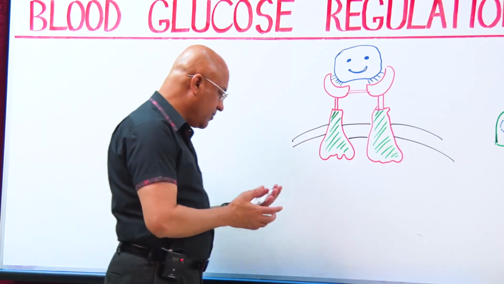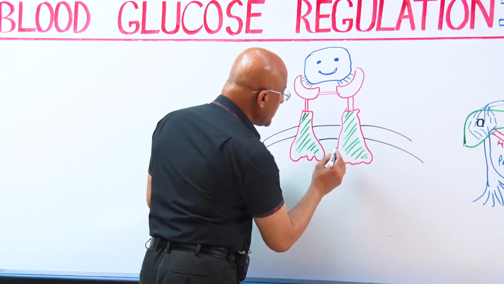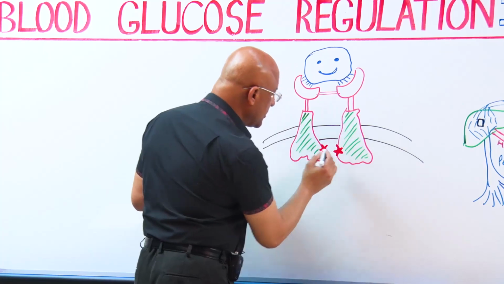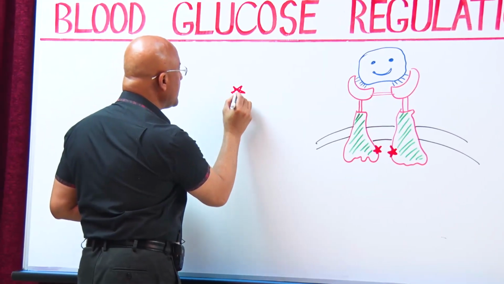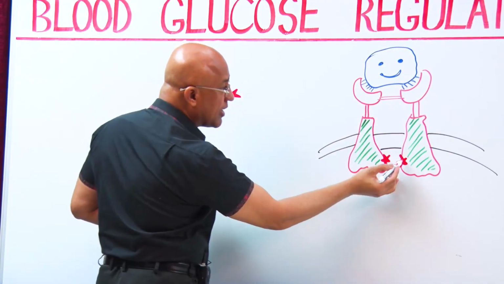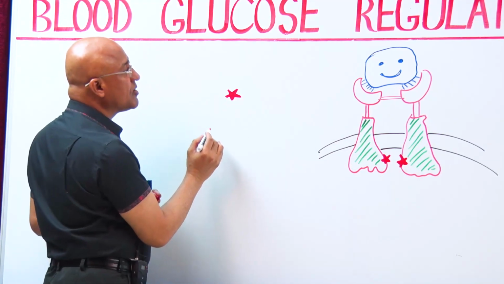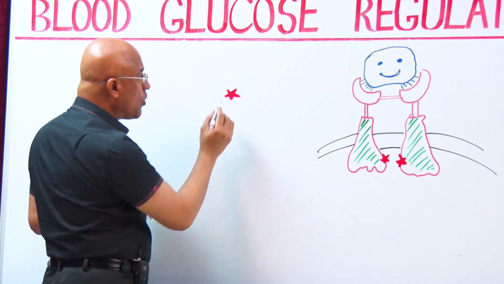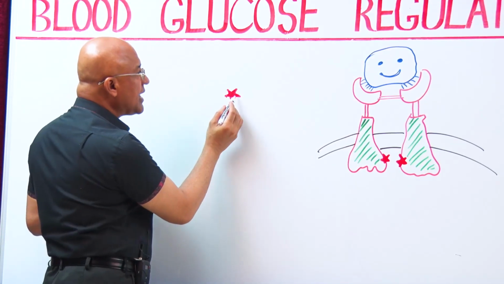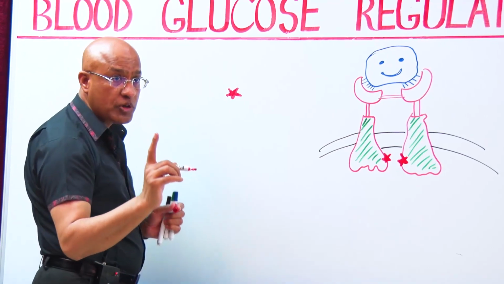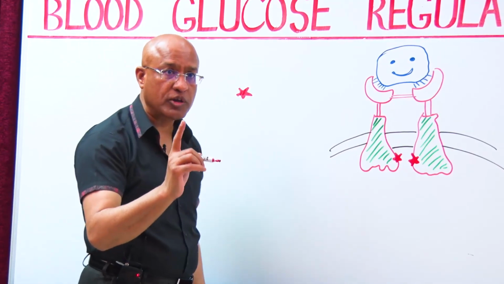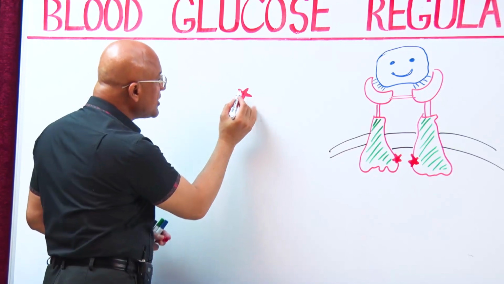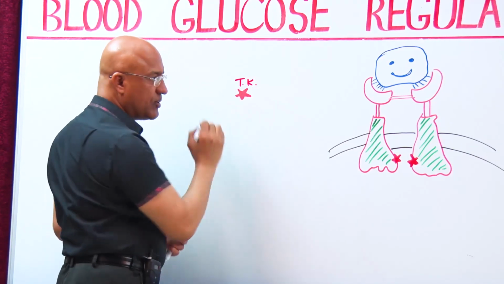In the beta units there is a special type of enzymatic activity. These stars are an integral part of the beta unit, and they have enzymatic activity: they can attack tyrosine amino acids and put a phosphate on them. So these are basically tyrosine kinases.